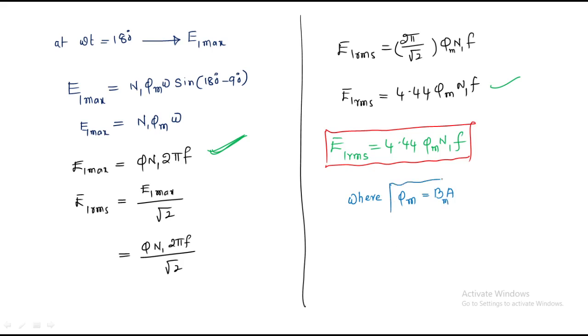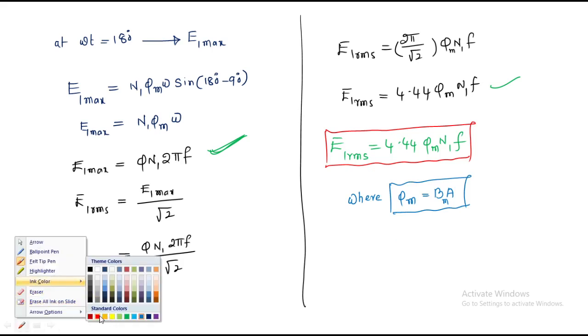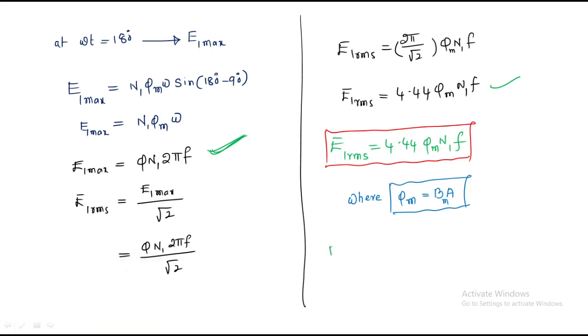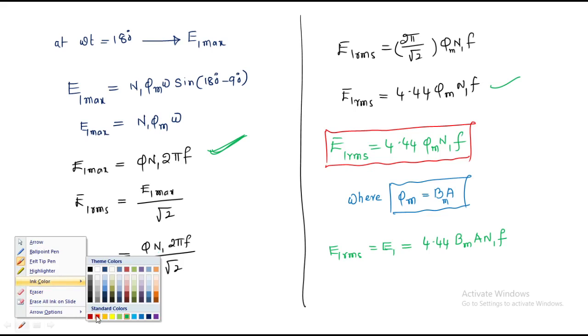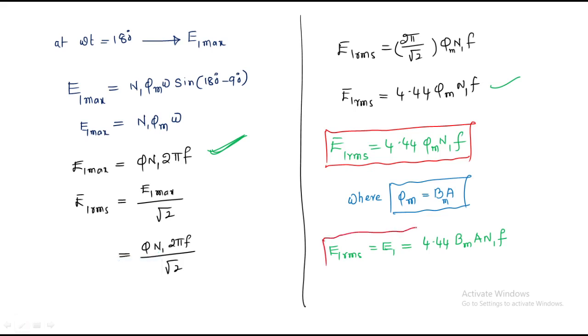Therefore we can write E1 RMS, or simply E1, since by default E1 is an RMS quantity, as 4.44 BmA N1 f. This is the EMF equation of a transformer. E1 is nothing but the self-induced EMF.